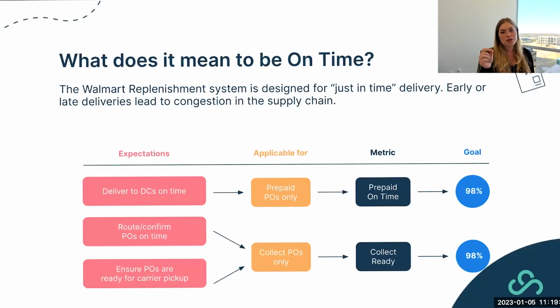There's a lot of information on Supplier Wiki about what you should do from a root cause perspective whenever it comes if you're prepaid or collect, because on time, that metric is really going to depend, and what you can do about it is really going to depend on how you ship. Does Walmart pick up your goods, or do you ship your items to them? So those metrics are measured called prepaid on time or collect ready. Both of those goals are going to be that 98%.